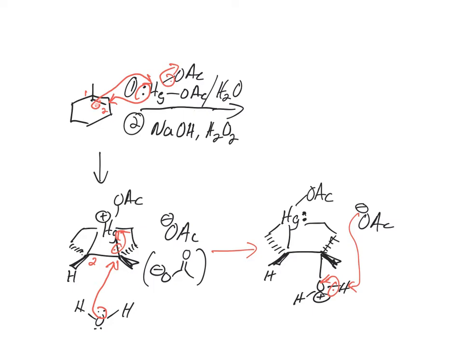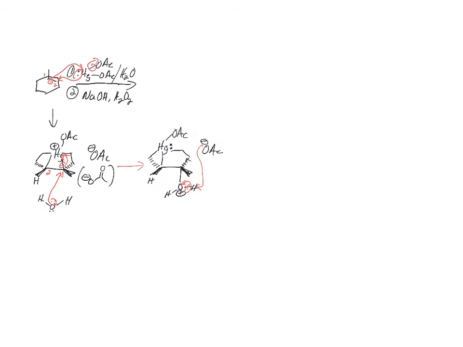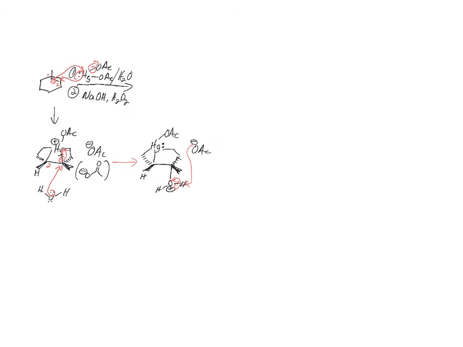So what does that give us after this first set of steps? That gives us HgOAc, and it's trans to an alcohol.